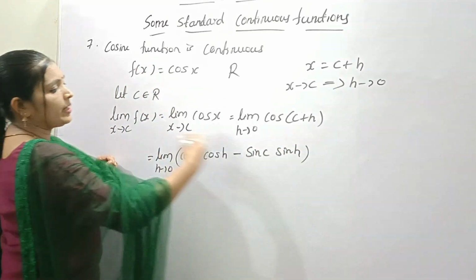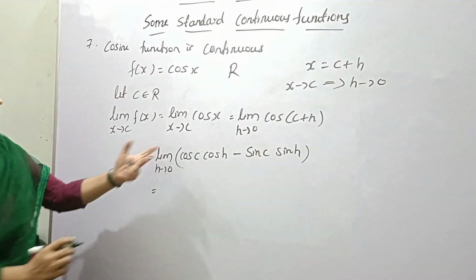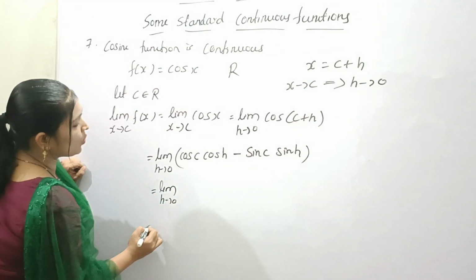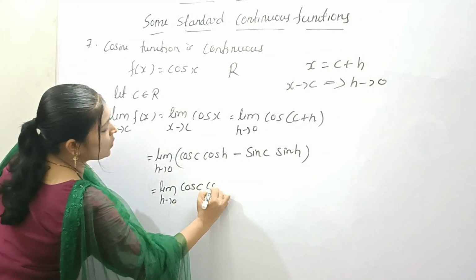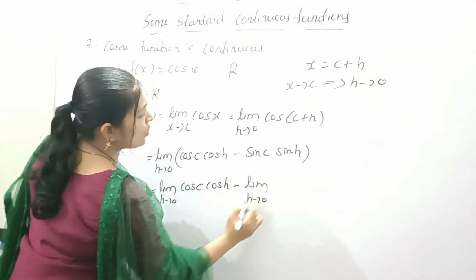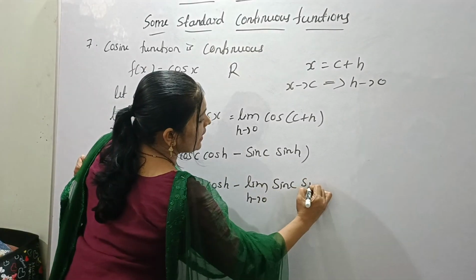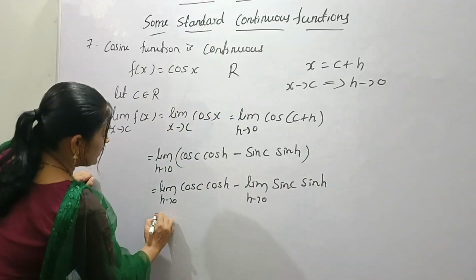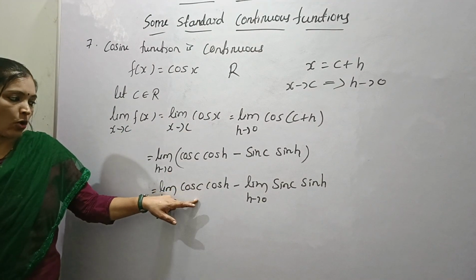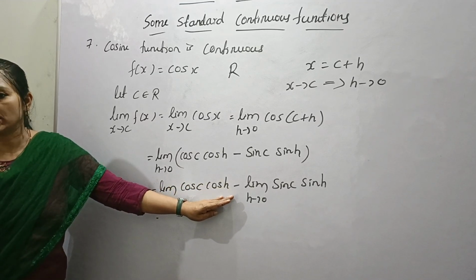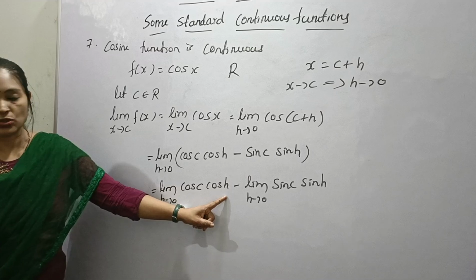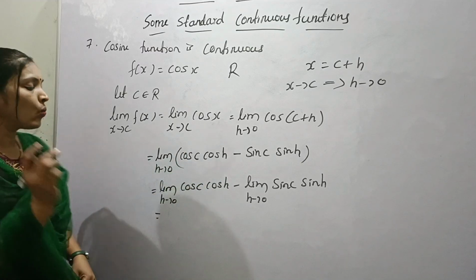Now apply this limit for both terms: limit h tends to 0 cos c cos h minus limit h tends to 0 sin c sin h. Here cos c is constant, only the variable is cos h. So substitute h tends to 0 in cos h; cos 0 is 1.